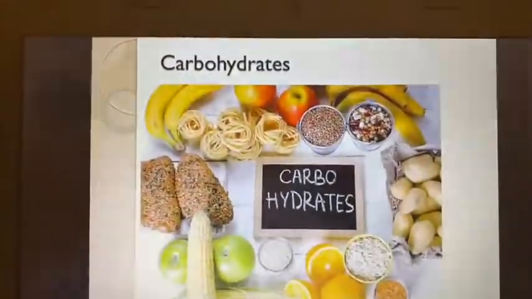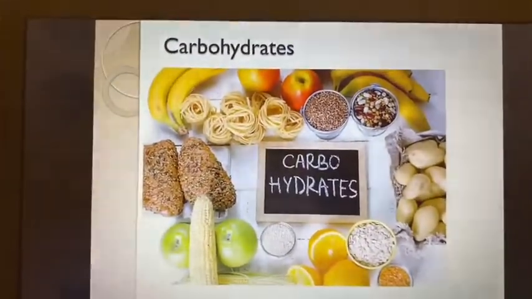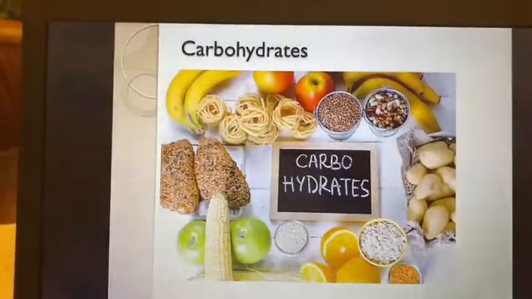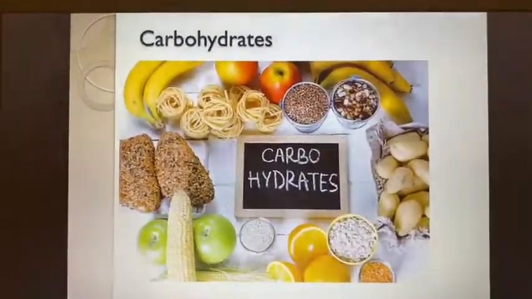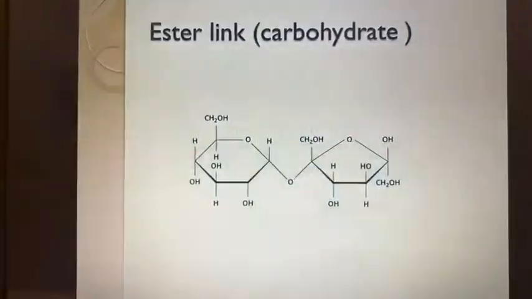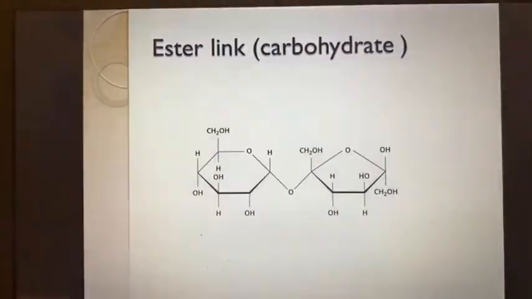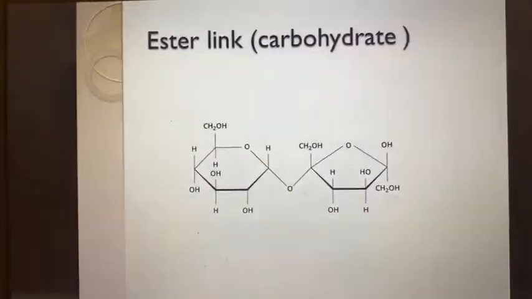A group of food, all of them contain carbohydrates. Why are we talking about carbohydrates? It's because carbohydrates are natural polymers. How is that made? You know that carbohydrates, in your book, are made up from sugar.